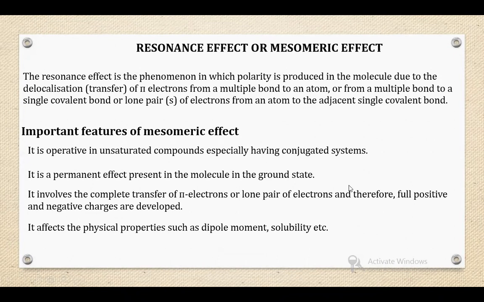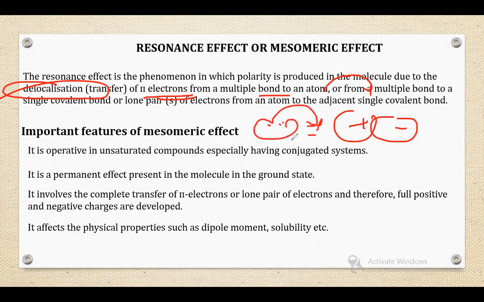So the resonance effect is a phenomenon in which polarity is produced, with complete positive and negative charges in the molecule, due to delocalization or transfer of pi electrons from multiple bonds to a single bond, or from a lone pair of electrons to a single bond.